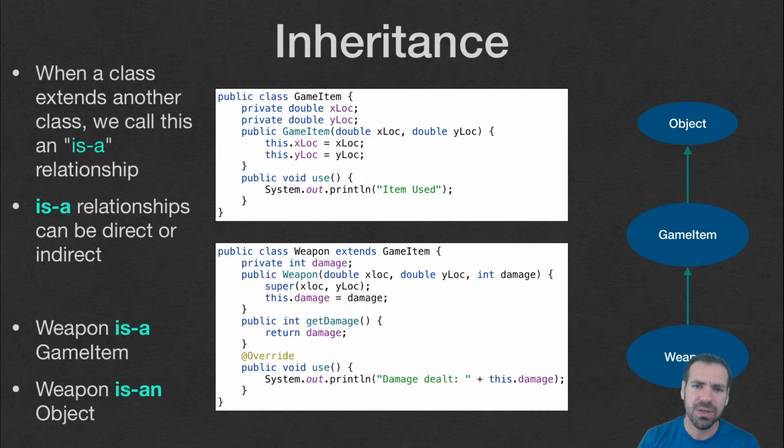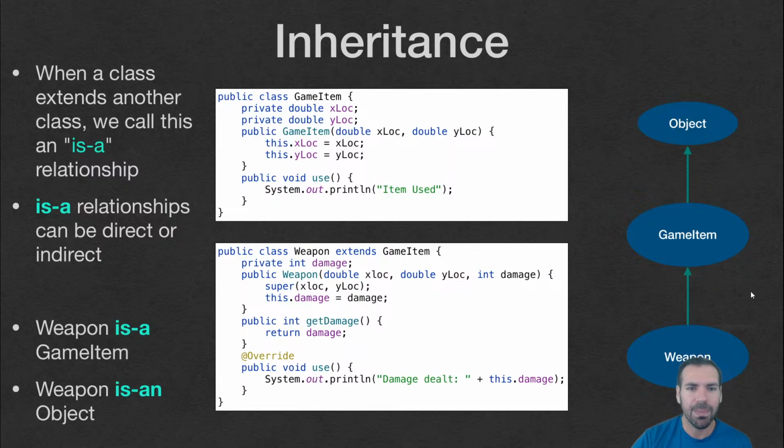This is very similar to geometry, how every square is a rectangle, every rectangle is a quadrilateral, every quadrilateral is a shape. It's that same thing, because a square has all the properties of a rectangle plus some extra properties. So a weapon has all the state and behavior of a game item plus some extra state and behavior. But it does have everything a game item has.